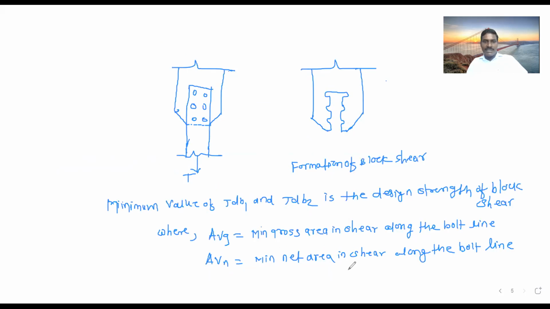Now remaining are ATG and ATN. ATG: V is the shear, G is the gross; V is the shear, N is the net. Now TG: T is the tension, G is the gross.